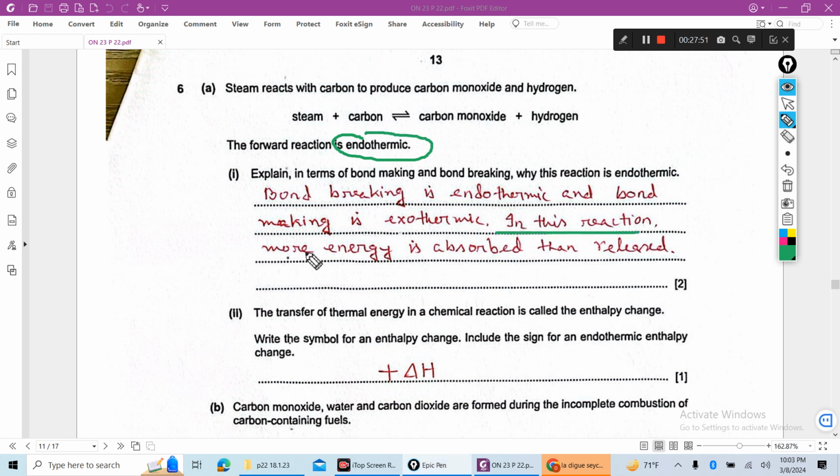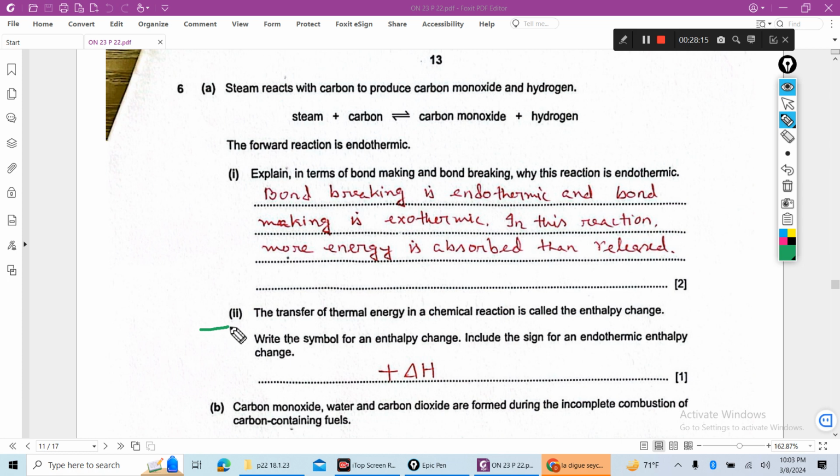In this reaction more energy is absorbed than released, or you can write more energy is needed than released. Need more, release less, that's why extra energy is needed, that's why this reaction is endothermic.